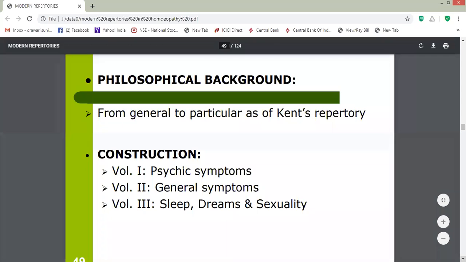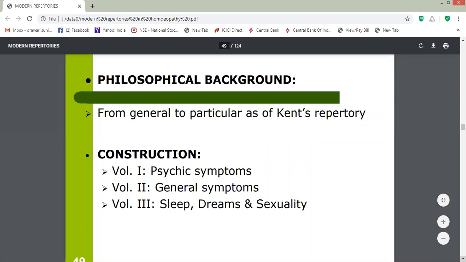So in this way, there are three volumes, and for the easy purpose of finding the symptoms from the repertory, they have given the symptoms of different parts in different volumes.